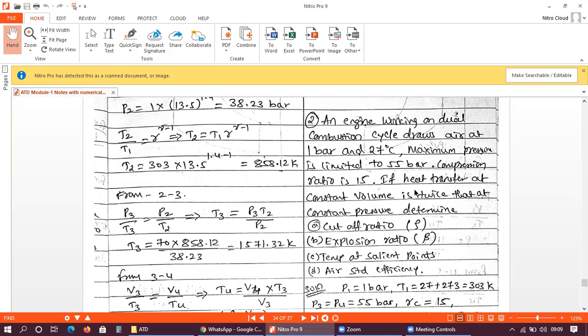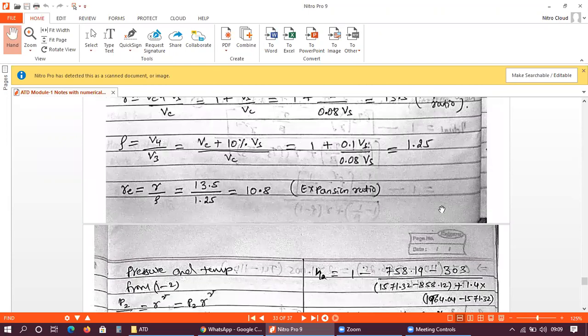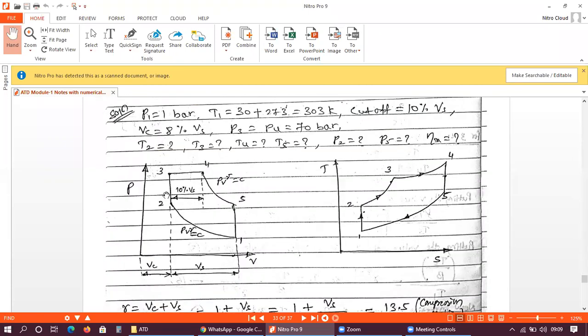Then the heat transfer at constant volume is twice that at constant pressure. So here one condition is given. As you can see in this PV diagram, heat is added at constant volume during point 2 to 3, and at the same time heat is added at constant pressure during the process 3 to 4.